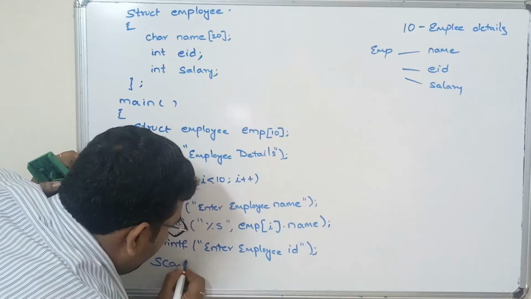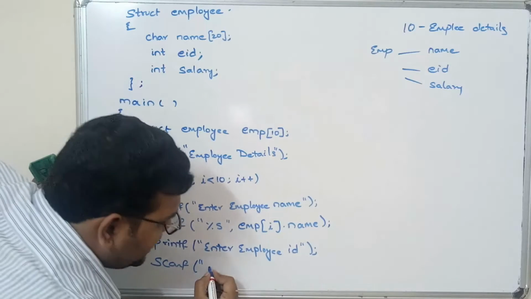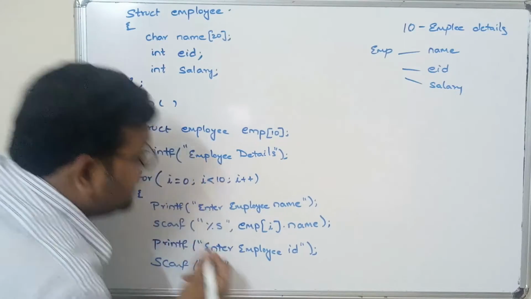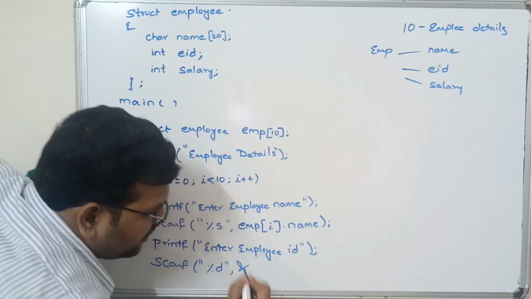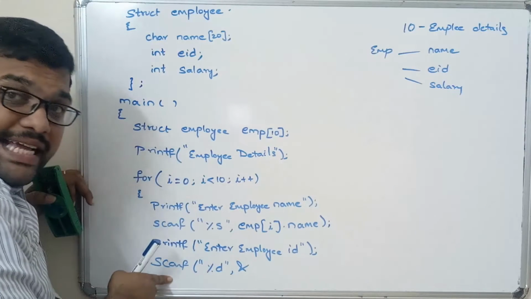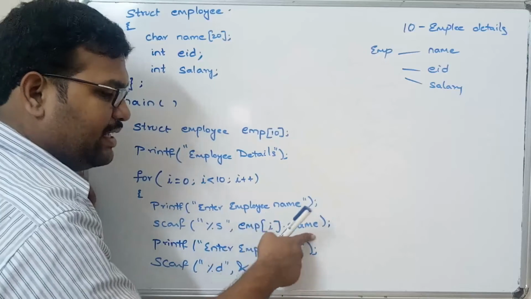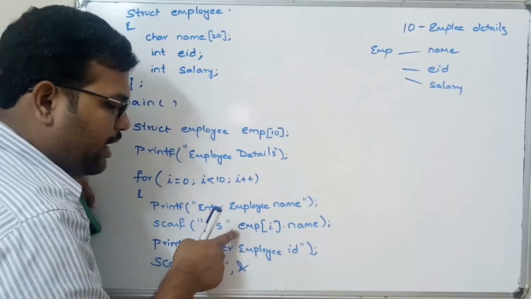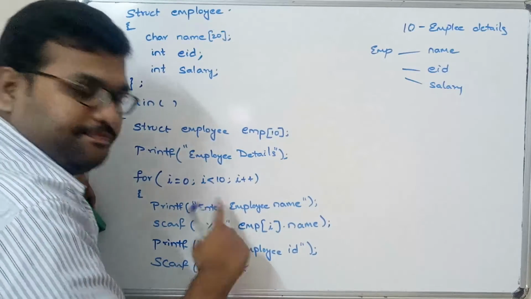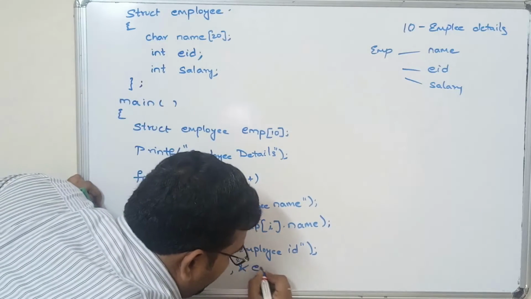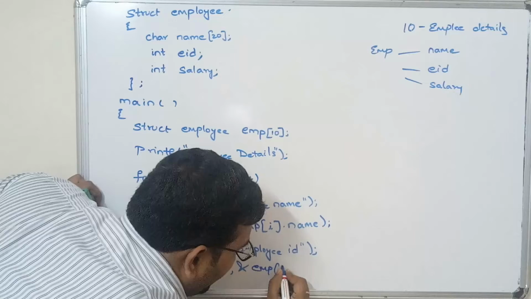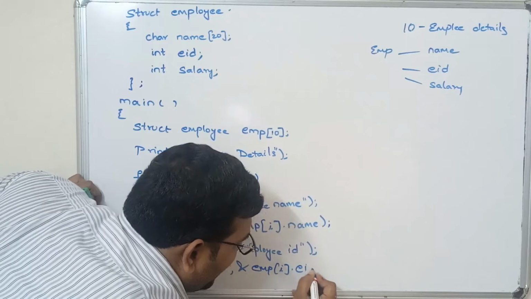Write the scanf to read the 10 employee IDs, percentage d as it is an integer, comma, ampersand. So we are using the scanf function. As it is a string, we need not write the ampersand. So here it is an integer, we have to write the ampersand. EMP of I dot EID.